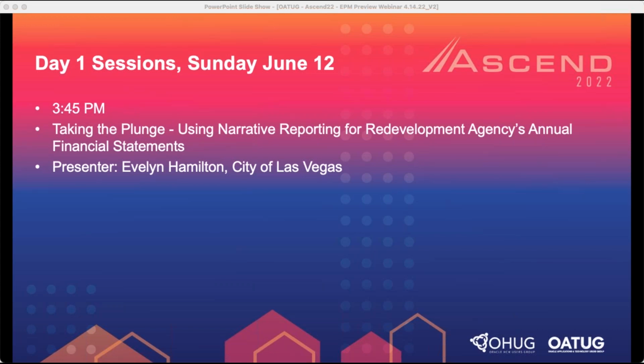So now they've built that out in narrative reporting. They have way less errors, and it is a lot more professional look and feel. So they're expecting not only to have more trustworthy financial statements, but also to save a lot more time in the future because this is now a built-out, repeatable process. So definitely tune in for that one. It should be a really great story on Sunday, June 12th at 3:45 in the afternoon.